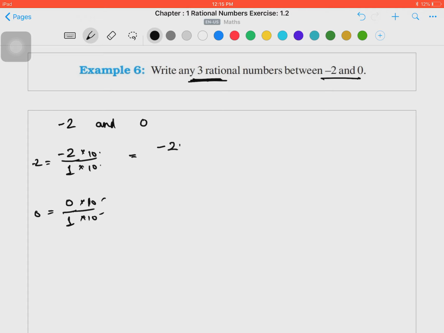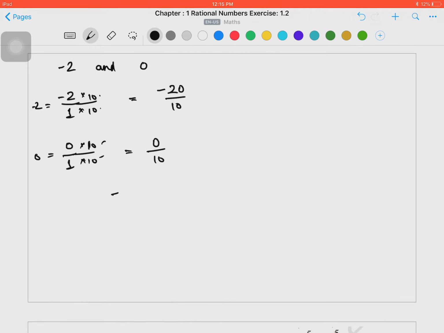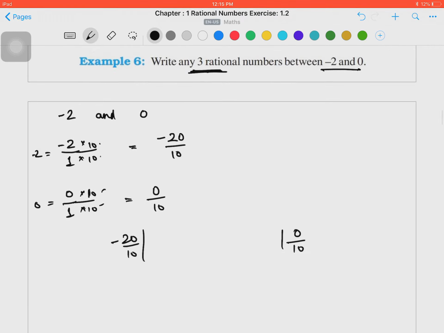That is, this number will be -20 by 10, and this will be 0 by 10. Now the numbers that we have are -20 by 10, and here we have 0 by 10. We are asked to write three rational numbers.